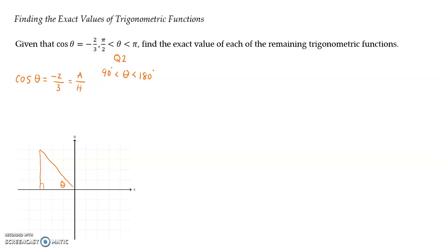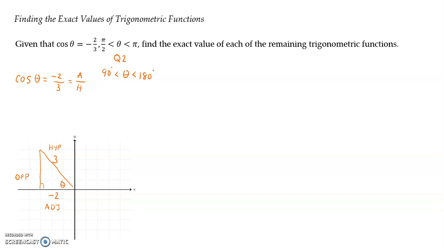So my adjacent side is going to be negative 2. My hypotenuse is going to be 3. Right? And we still need to figure out the length of our opposite side.